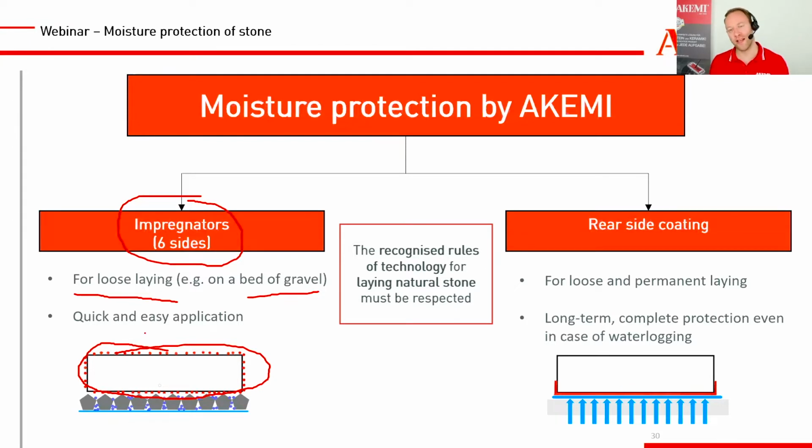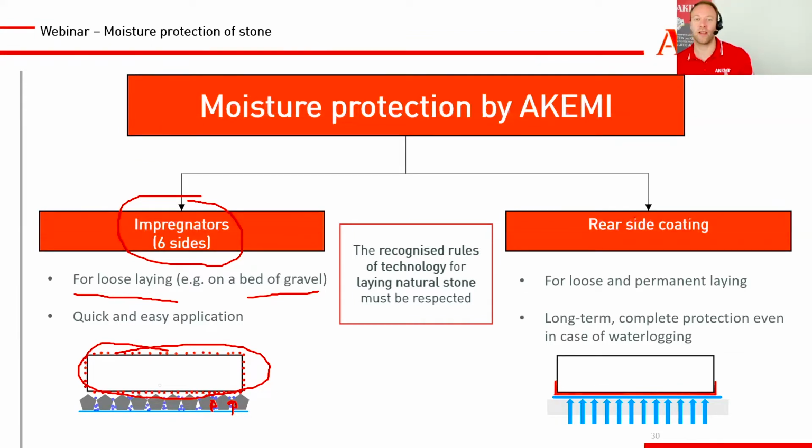You can install them directly on the same day. And here you can see the gravel. The gray dots are the gravel, and then you can see the moisture trying to evaporate underneath the stone, and it gets blocked by these pre-protection impregnators. So this works well on loose laying installations.